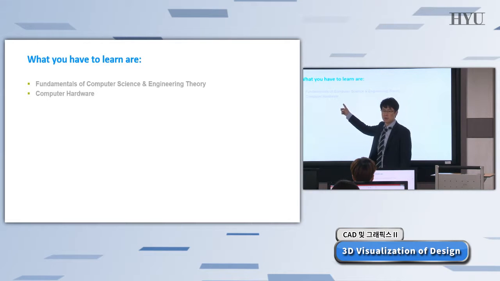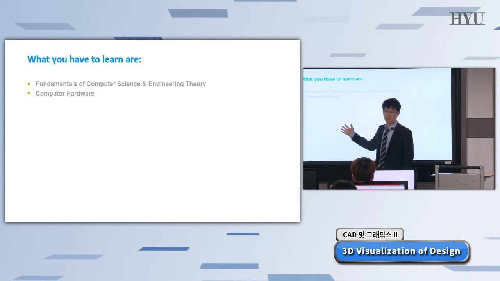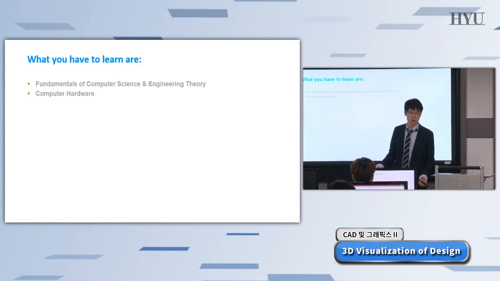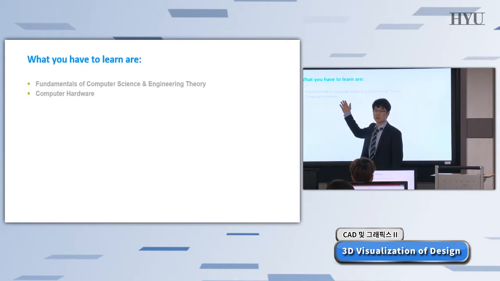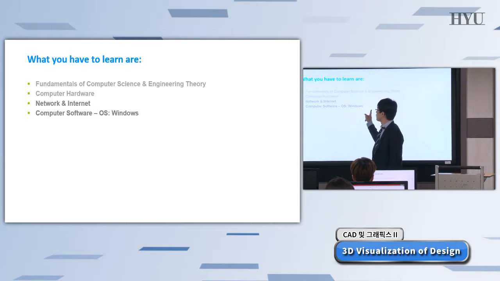Computer hardware: in 3D Max, even today, we're going to render something. It takes a really long time. It's very computer-resource-consuming work. So we need to know something about computer hardware, network, internet. You know how to access a local area network, how to use the internet, websites, cloud computing systems. You have to know computer operating systems such as Windows in order to make your work efficient, okay?